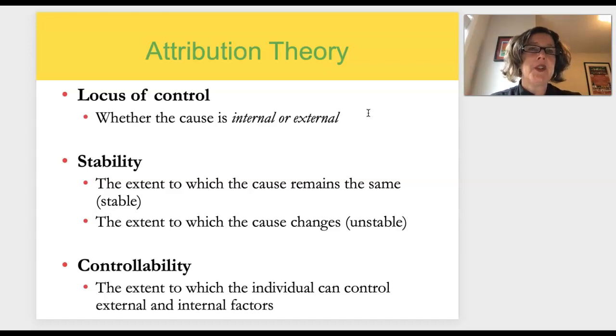So say for example, you're writing a test and suddenly they're jackhammering on the roof above you and it's very distracting and very loud. That's an external. You can't control that. And you will then become angry, frustrated, and fairly legitimately so. So that's controllability. Externally, you can't. There are very few times that you can actually control that.